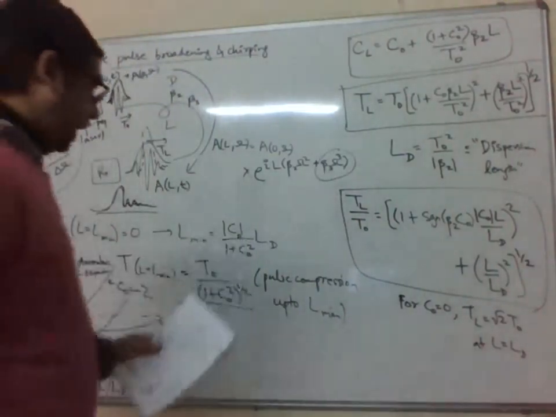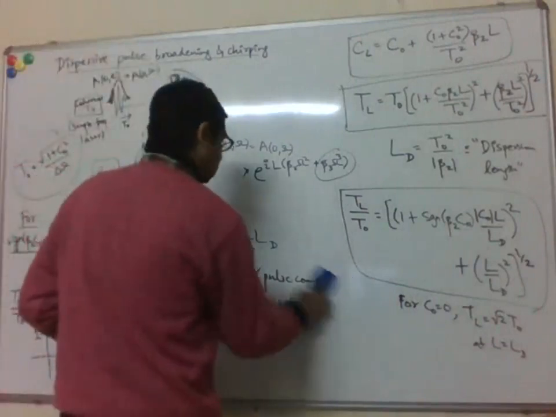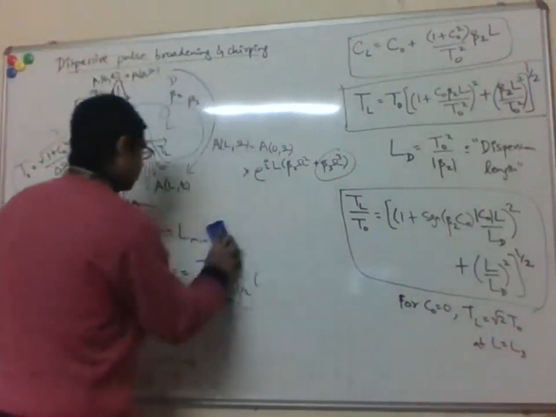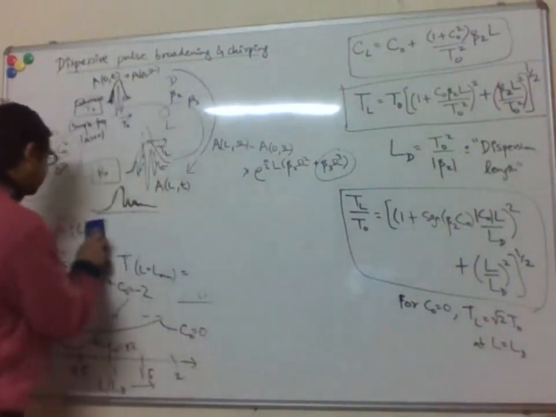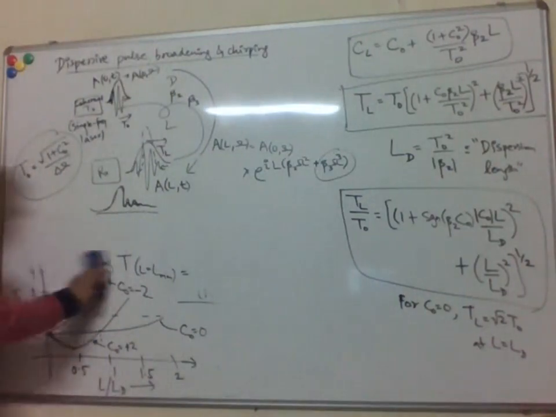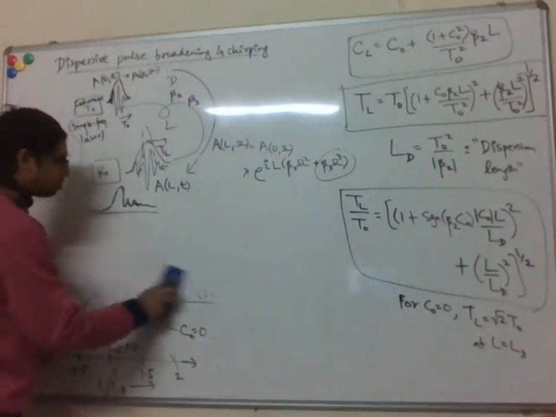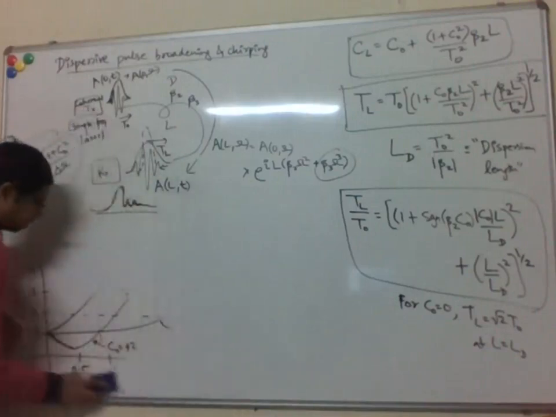Okay, but nevertheless, one can calculate what this would be. That will be important if you are operating near the zero dispersion wavelength, right? Then the beta 2 term is very small, so the beta 3 term becomes important.